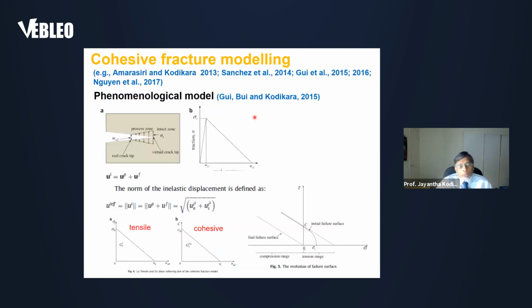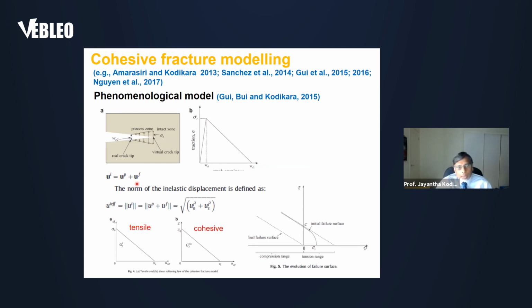In cohesive fracture modeling, we used a fracture process zone where the fracture opening is here, but the fracture goes beyond that up to a point, the virtual crack tip, where tensile stress is present as the initiation of crack. So traction or tensile stress and the crack opening can be presented by this cohesive model, and the fracture energy is the area under the curve.